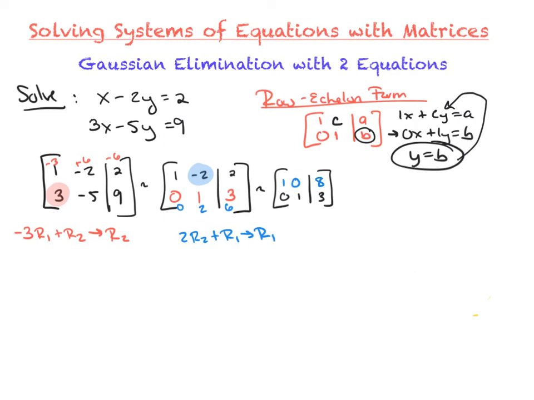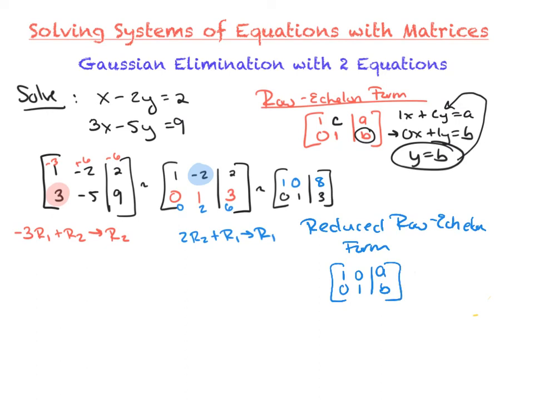And since we have this now in what we call reduced row echelon form, where we have 1s on the diagonals and 0s everywhere else, then we know that the 8 and the 3 correspond to 1x plus 0y equals 8, or x equals 8, and y equals 3, which is what we had a couple minutes ago. x equals 8 and y equals 3.